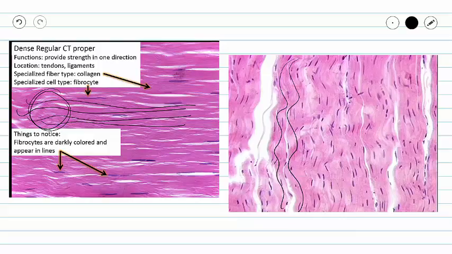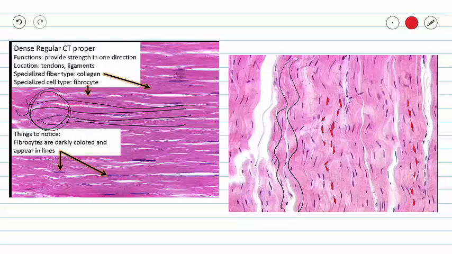And in this picture, it is very clear that our fibrocytes are arranged in lines in between our collagen fibers. This is very important because dense regular CT proper can be confused with smooth muscle. So if you want a detailed explanation, please go find our video on smooth muscle. And for now, we're just going to focus on dense regular CT proper.